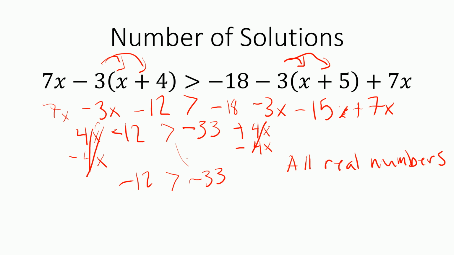If this were a normal inequality and we solved it and we got a normal x is greater than or less than or whatever, that would be infinite solutions, which is different than all real numbers because it is a specific set of solutions. It's still infinite like the real numbers, but I couldn't just put anything in. Whereas all real numbers means I can put any number I want in and it doesn't matter, it will work. And then no solution, of course, means there's no possibilities. There are no numbers I can put in that would work.